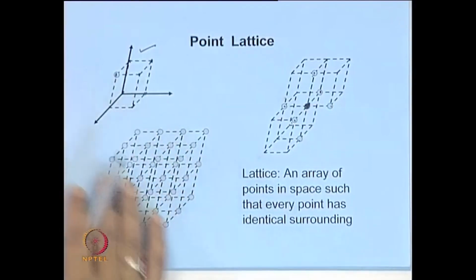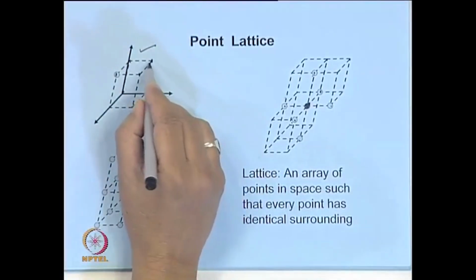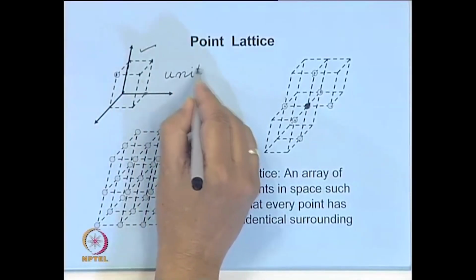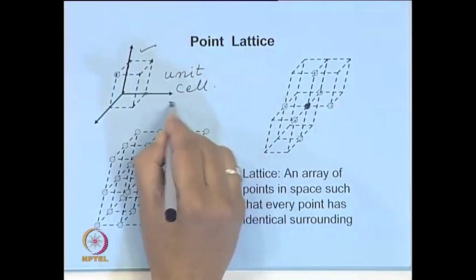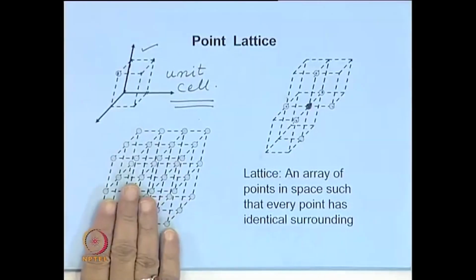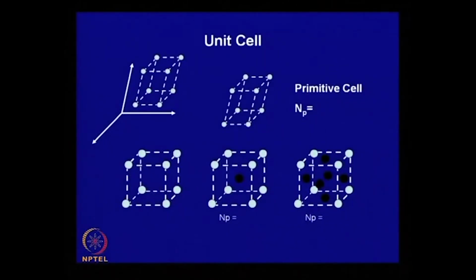of points like this, and this is called point lattice, and the smallest building block is known as unit cell. Now, all crystal structures we try to represent in terms of this lattice structure.